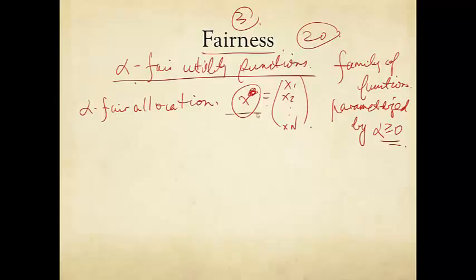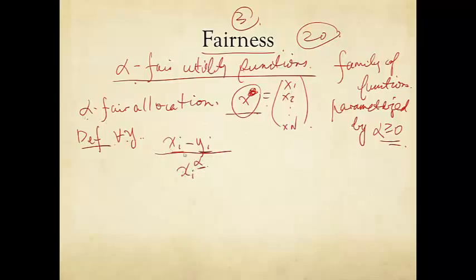And I say that this is an alpha fair allocation vector if, here's the definition, for any other feasible vector y, all such y, I look at the difference for each user between getting something from the x vector versus from the y allocation, and then I normalize it by xi to the power alpha.